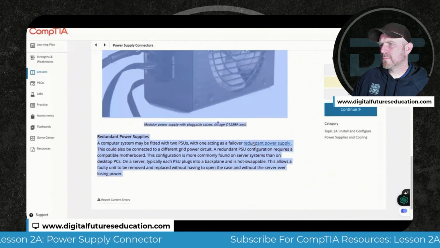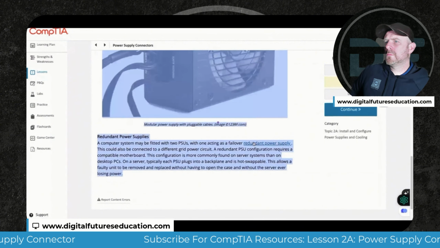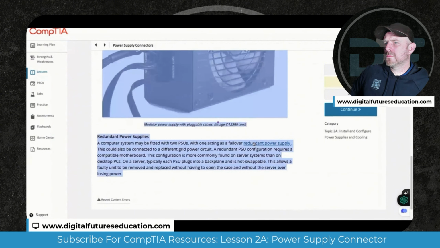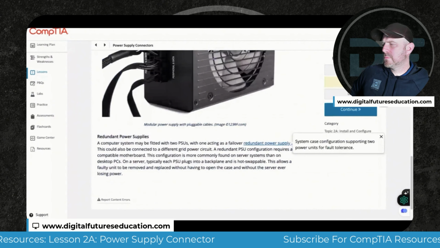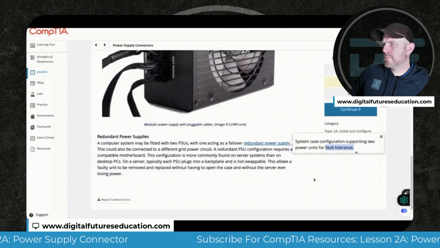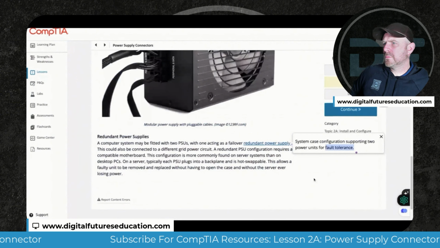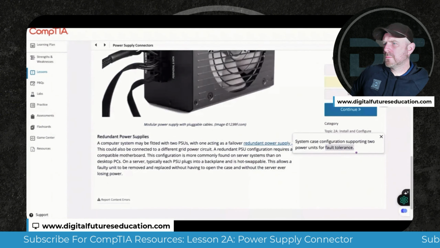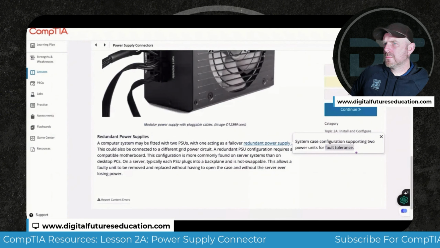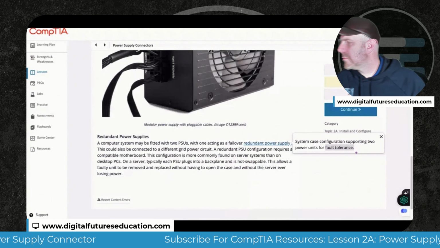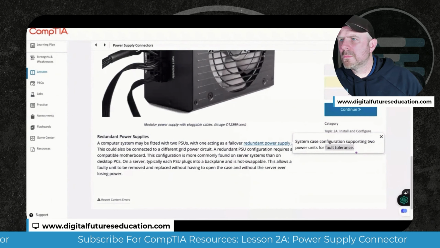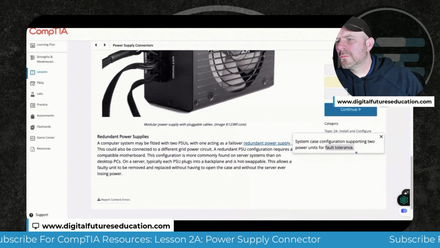So redundancy is a system case configuration supporting 2 power units. And then here's another tech term, fault tolerance. What's fault tolerance? I hope as my students, if I make a mistake, you have some fault tolerance with me. Room for improvement? No, because that would be more on me.